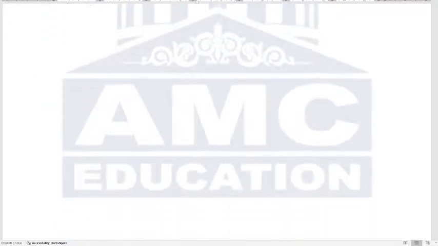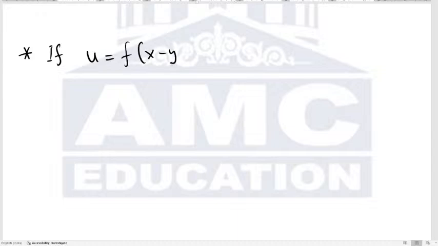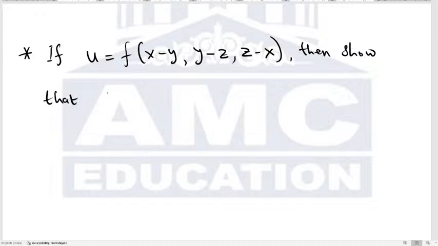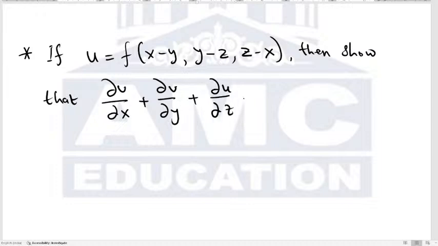The problem says: if u is equal to f of x minus y, y minus z, z minus x, then show that dou u by dou x plus dou u by dou y plus dou u by dou z is equal to 0. So this is what we have to prove.